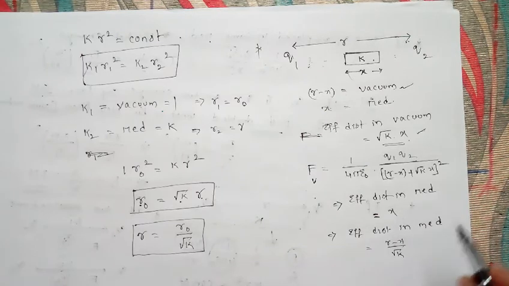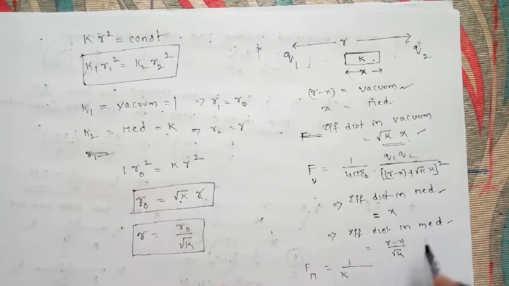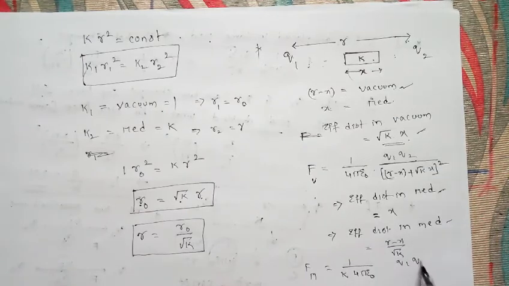Now the force in medium is F medium equal to 1 upon, here we have to write k, because we are taking the effective distance in medium, 4 pi epsilon naught times q1 q2 by x plus r minus x by root k, whole square.